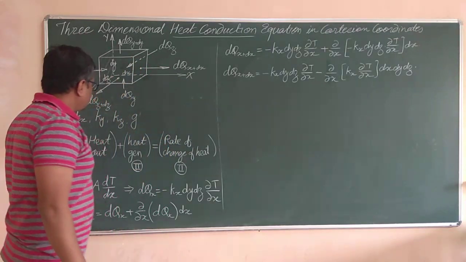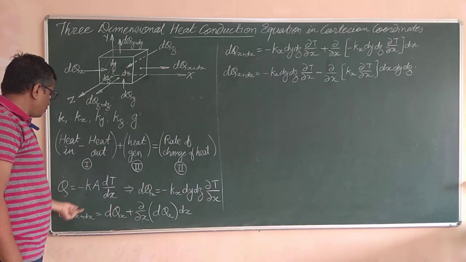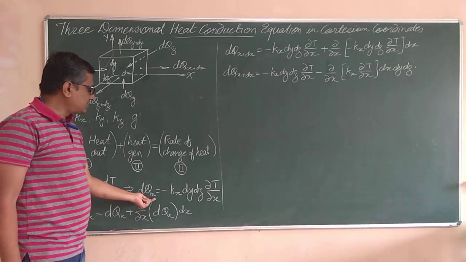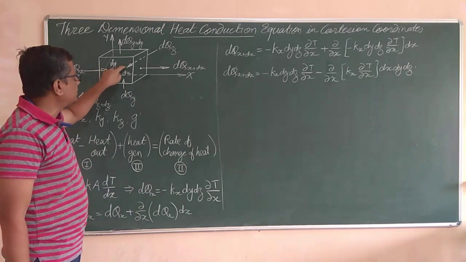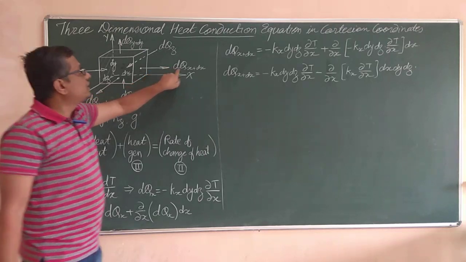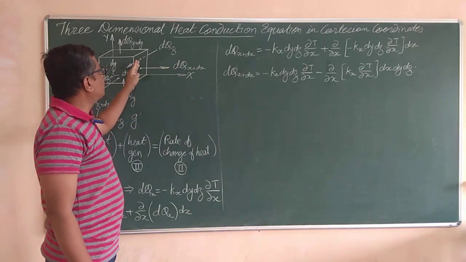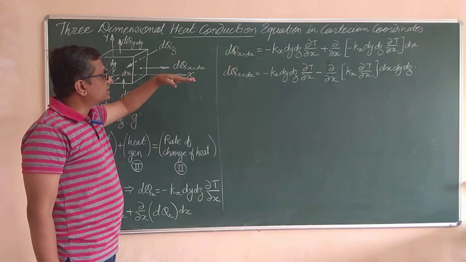Now see, this dqx is the heat flowing into this element in x direction. dq(x+dx) is the heat flowing out of this element in x direction.